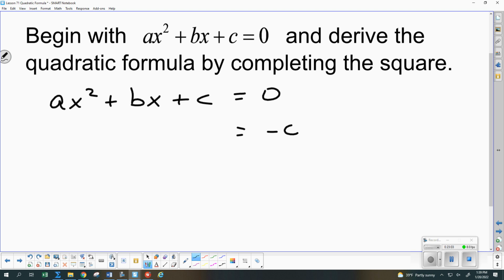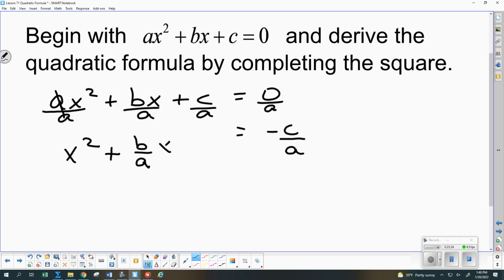But we also know that we need to start with 1x squared. So we're going to divide everything by a. So when we move this over, that becomes a minus c over a. And on this side, I now have 1x squared plus, and I'm going to write that as just b over a times the x, so I don't get mixed up and try to use the x in the next line. So is everybody good to that point?